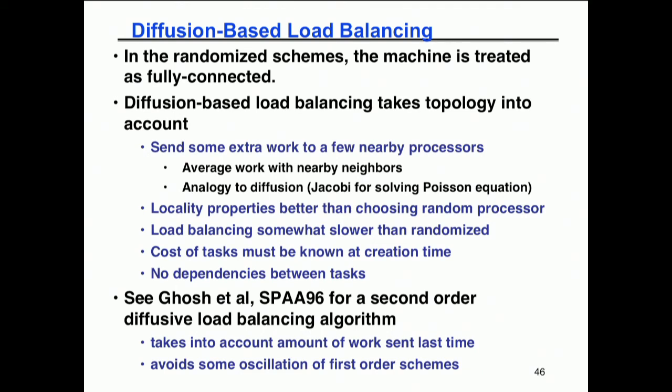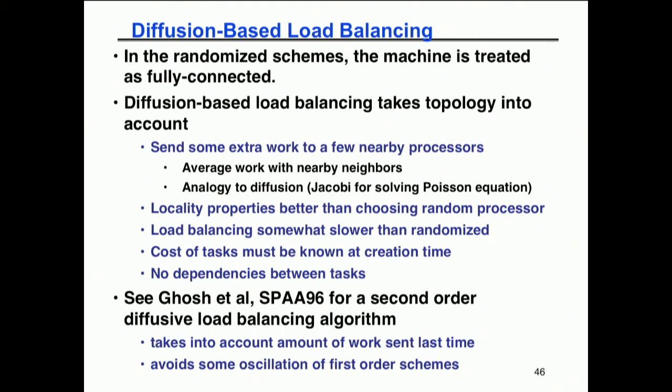But if I want to keep tasks nearby, and only steal from things nearby, what I can do is build some kind of logical network or mesh of the processors and steal from the processors that are nearby you on that mesh. This is analogous to the diffusion process, which we've talked about before, or certainly in Jim's lectures on sources of parallelism, but this is just saying that the work diffuses through the system.